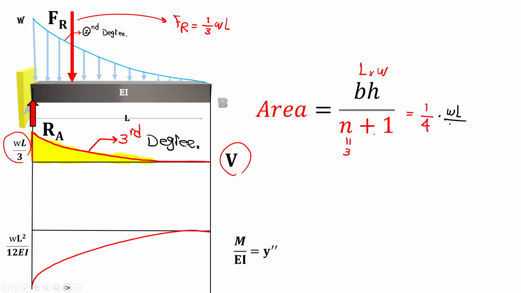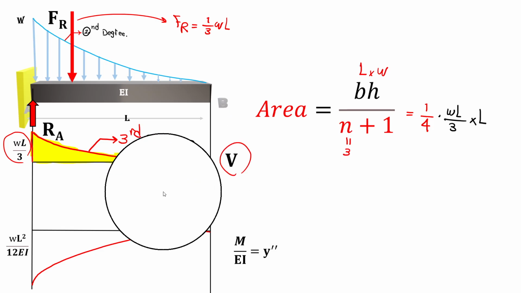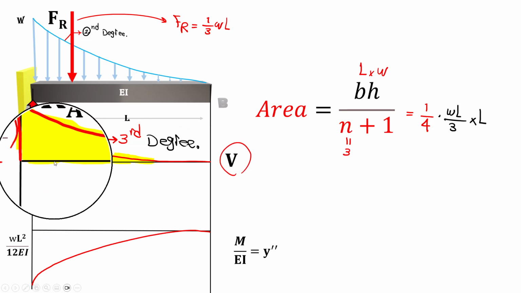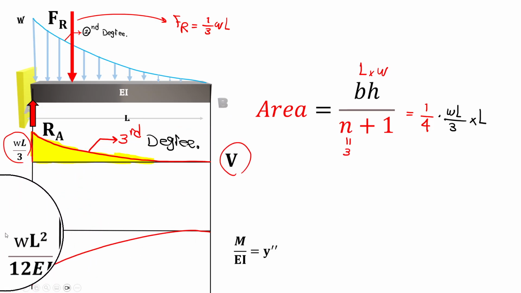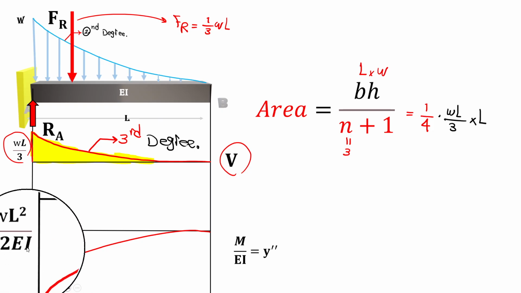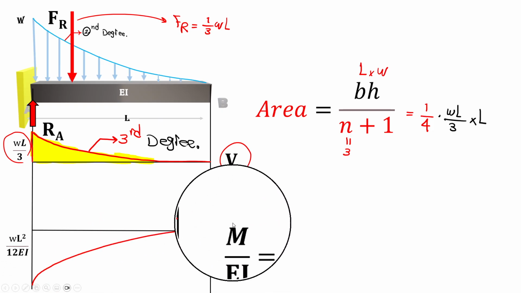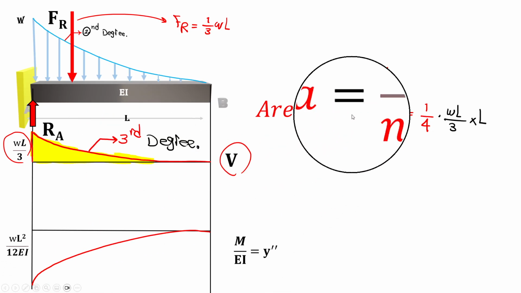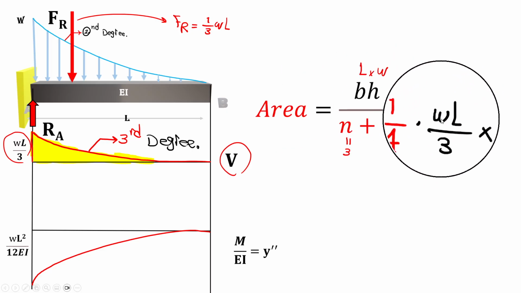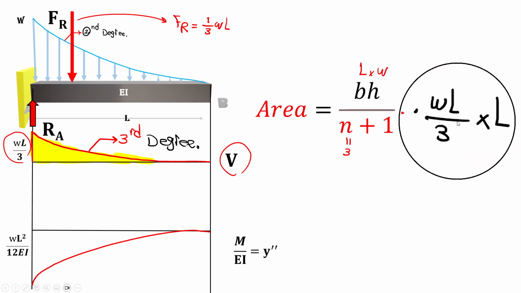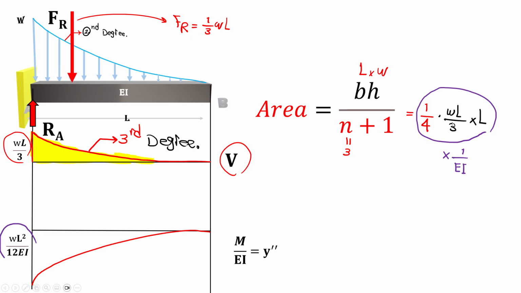So if our n is 3, we are going to calculate this area under shear, which is going to be the initial amount for our M over EI diagram. So if n is 3, the area is 1/4 of WL over 3 times L, and if multiplied by 1 over EI, it is the exact amount for the initial amount for the M over EI or y prime diagram.